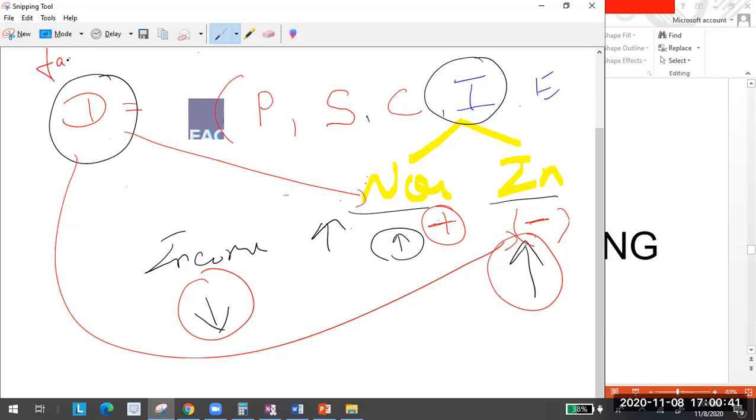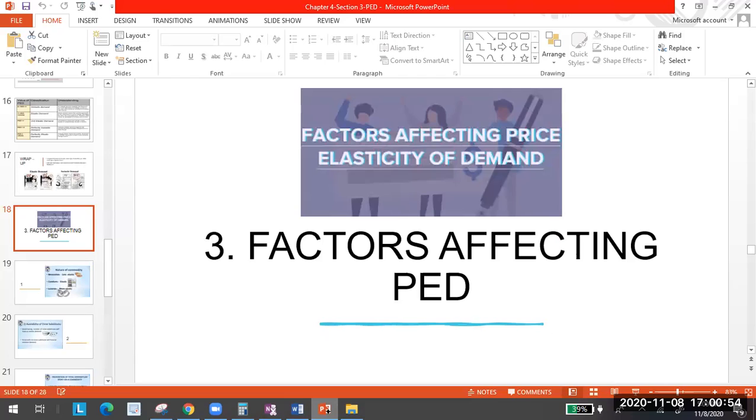Factors on which demand depends, right? And now we need to discuss the factors which affect demand.